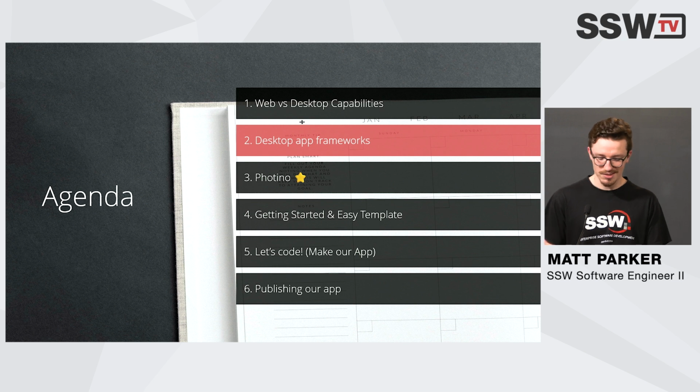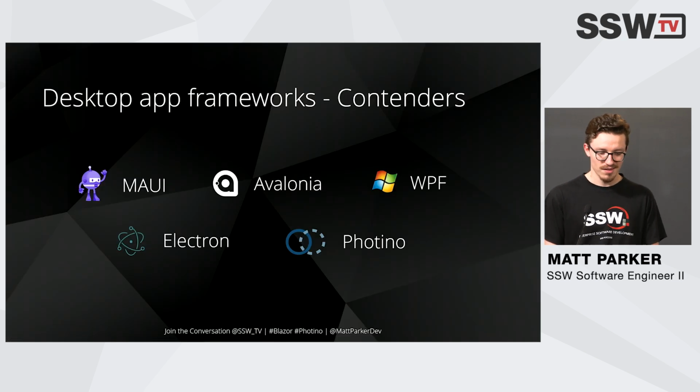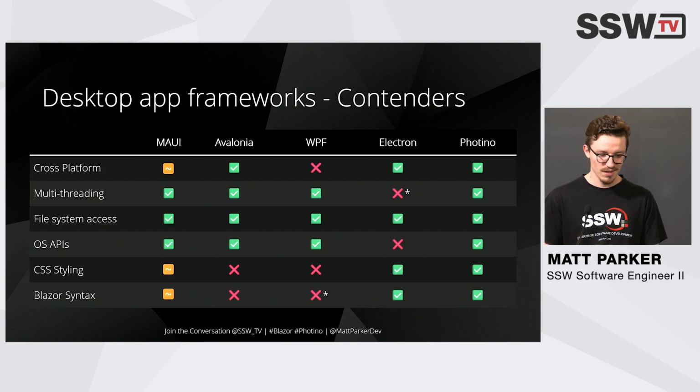Okay, so let's have a look at some desktop app frameworks. These are the 5 we're going to look at today: MAUI, Avalonia, WPF, Electron, and Photino. So let's start on the left. MAUI is not actually cross-platform because it doesn't support Linux. So mostly, but not. Sorry, MAUI.